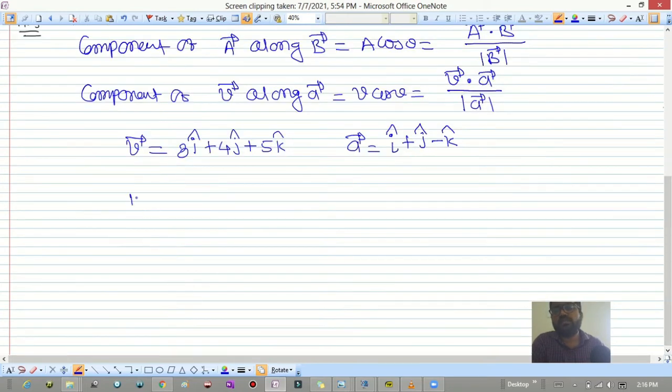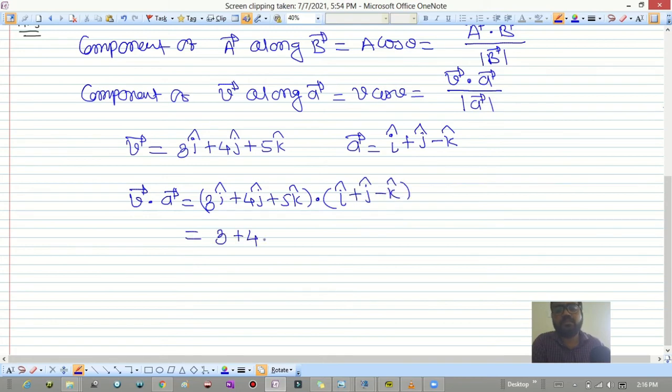So find out v bar dot a bar. How to find? Just take i with i, that is 3i hat plus 4j hat plus 5k hat, dot with i hat plus j hat minus k hat. So you will get 3 plus 4 minus 5, so you will get 7 minus 5, which is equal to 2.